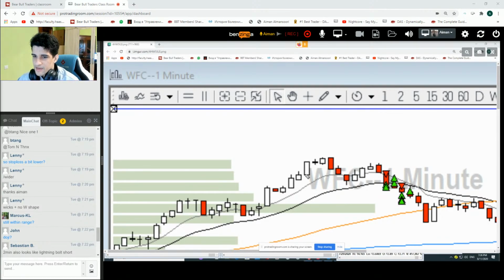If you guys read Mark Douglas' book, what does he say? After the first partial, let's say you are getting in here, okay? Your stop loss is somewhere, let's say here, and this is your 1R. He says that if the stock is going in your favor, and you are taking a partial at 1R, let's say 30% partial, you are up 0.33, right?